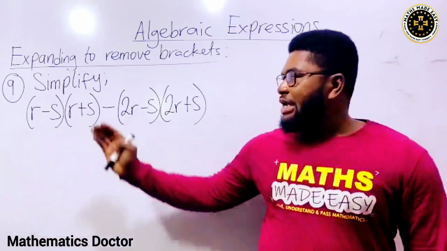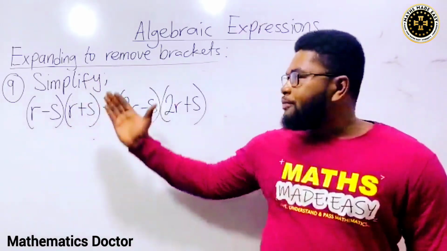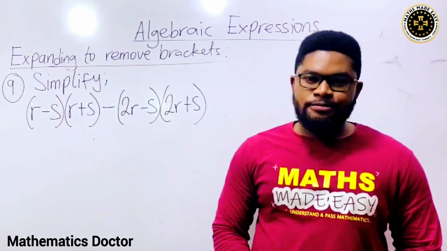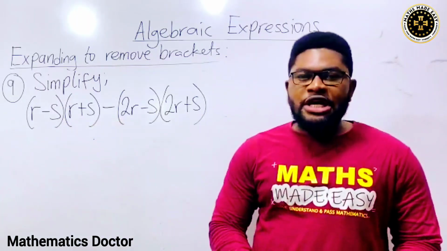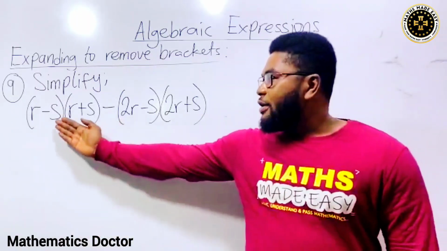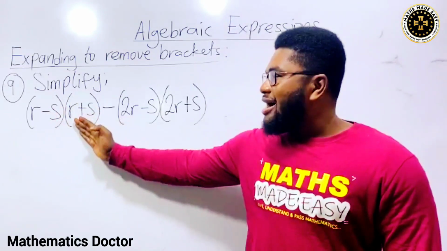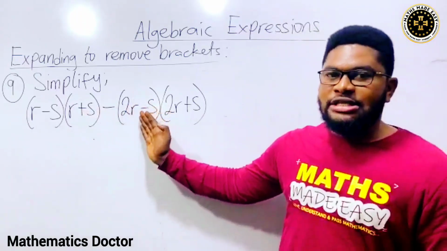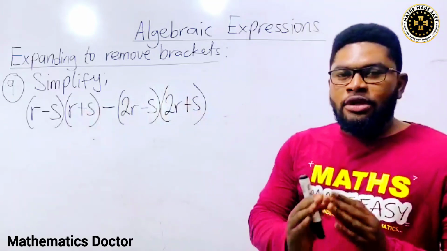Now let's take the 9th question, which happens to be the final question for the binomial expansion of algebraic expressions. Now, if we check this particular question, just as we did in question number 8, we have the bracket of r minus s, also multiplying r plus s, minus 2r minus s, another bracket of 2r plus s.